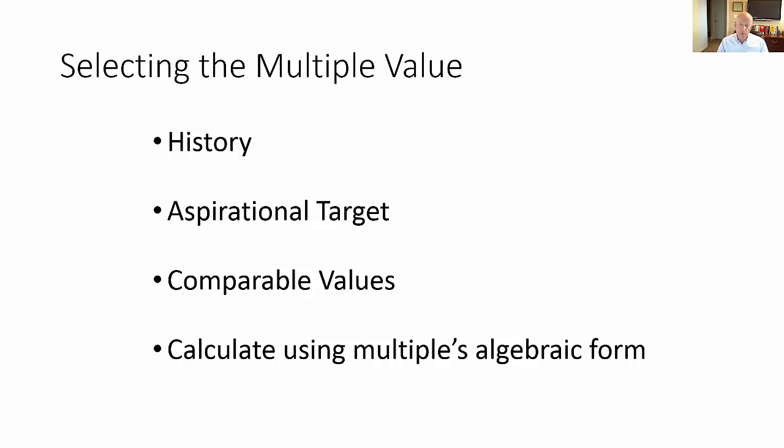Maybe we would use 7 as an aspirational target, either from our history or from some other company that we want to mirror. Maybe I'm looking at this and I see that WAR Enterprises is trading at, or is reflective of, a valuation multiple of 9.